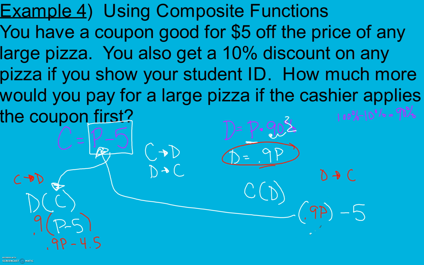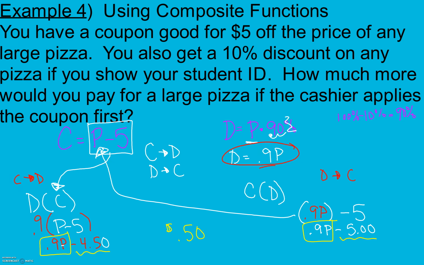Here, there's nothing to multiply, so it's just 0.9p minus 5. So if I compare these, think about these as dollars. I'm paying 90% for my pizza either way. This part is the same. The amount that's changing is my dollar amount. Here, I subtract $4.50. Here, I subtract $5. So the difference between those is 50 cents.